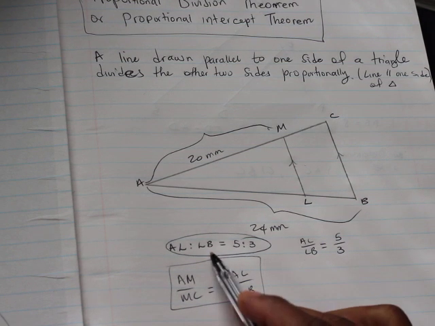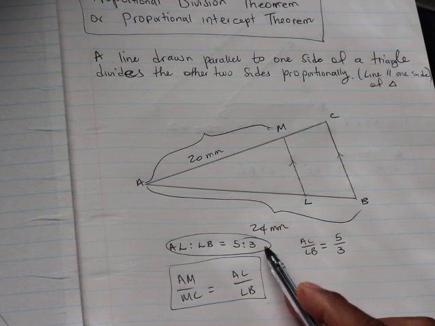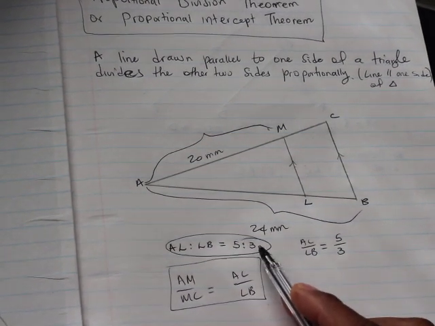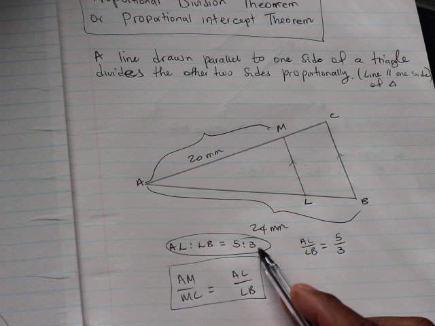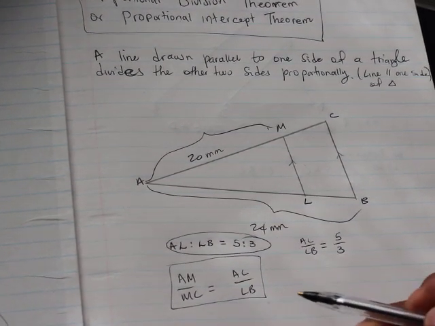So this doesn't tell us that AL is 5 units and LB is 3 units. It could be that AL is 15 units and LB is 9 units, and 15 over 9 is the same as 5/3. Do you understand? So it's just a ratio.